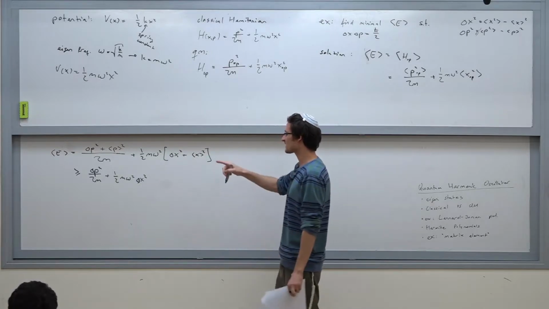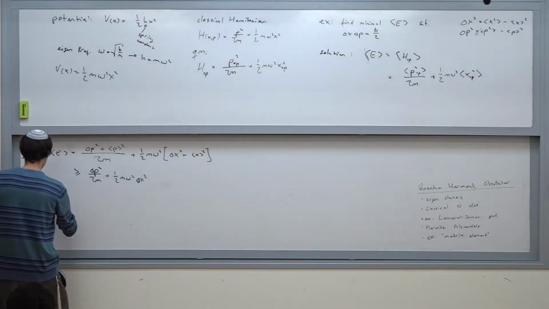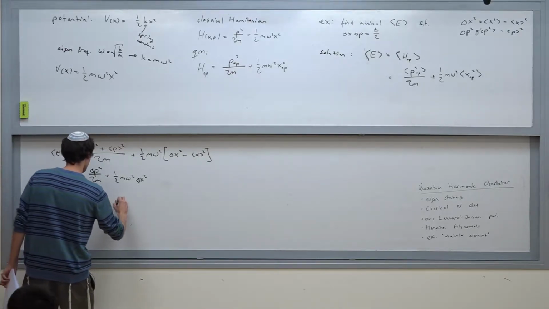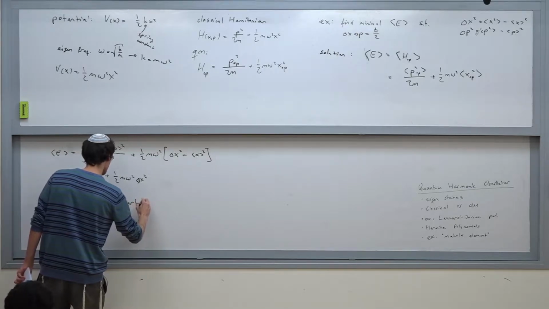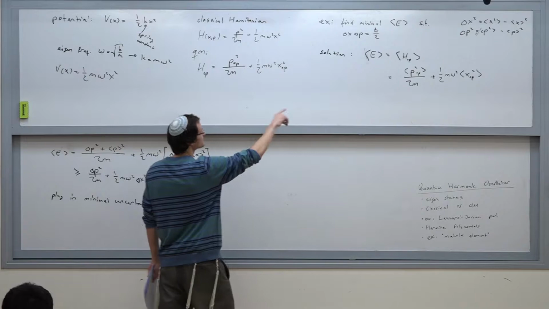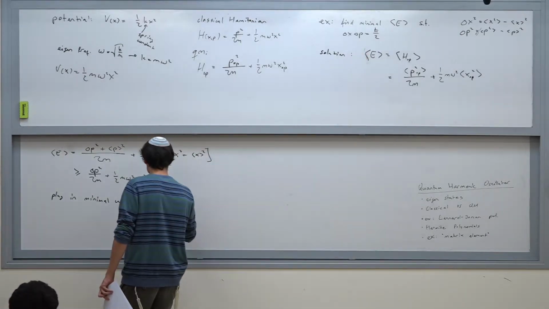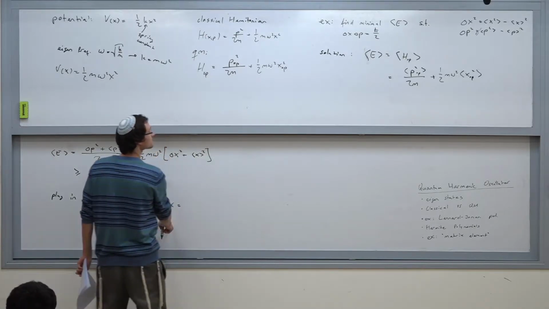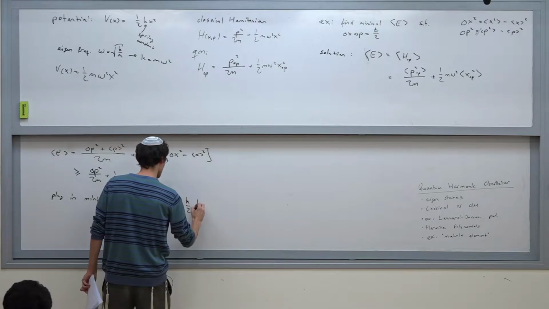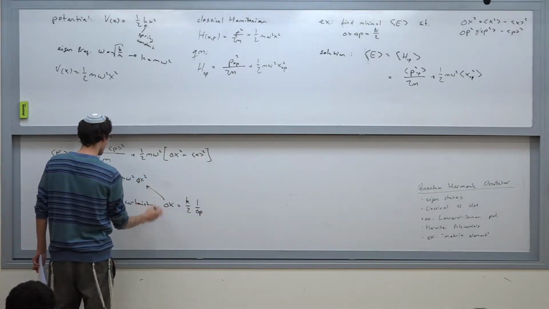In order to do this, I'm going to plug in the minimal uncertainty. So I'll use the uncertainty relation, and I'll divide by delta P, and then plug this into here.